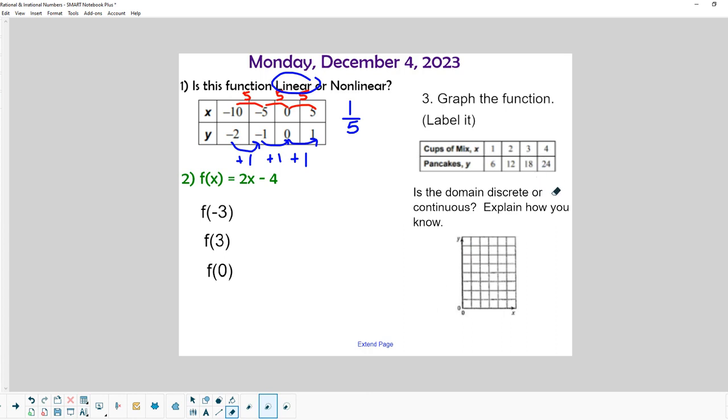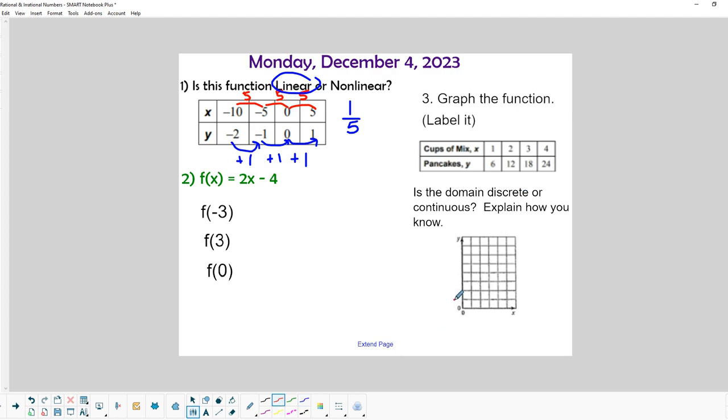I know the highest I'm going to have to go on the y-axis is 24. So let's see how many lines we have to work with. 1, 2, 3, 4, 5, 6, 7, 8. So if we divide 24 by 8, we can make each line amount to 3.